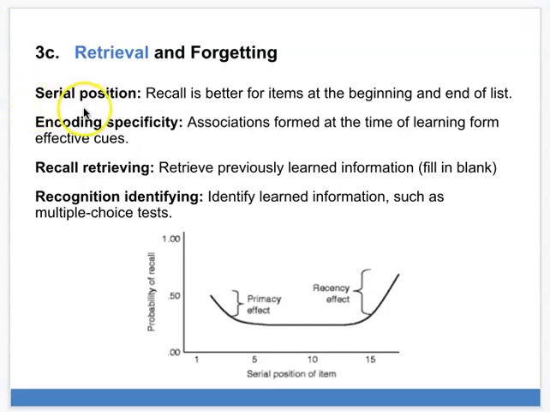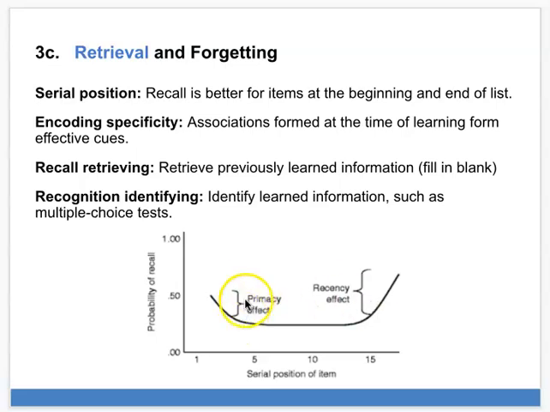The first is serial position. What this states is that recall is better for items at the beginning and the end of a list, right? So if I asked you to memorize like 15 items, the recency effect is the fact that you're probably going to remember the last 4 or 5 items on that list easily.